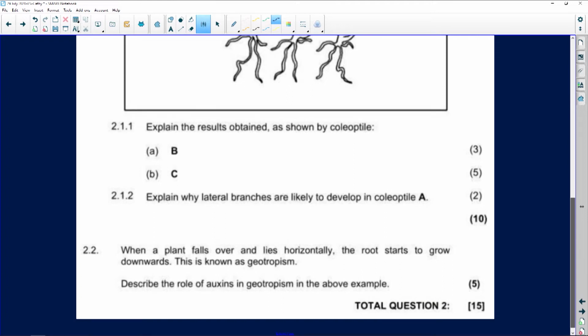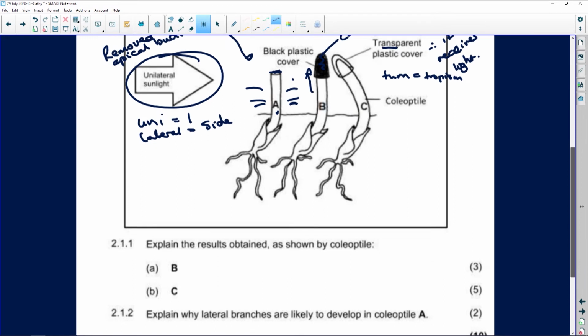So it says, explain the results obtained shown by B and C. Now, if we look at B, what's going to happen with B?